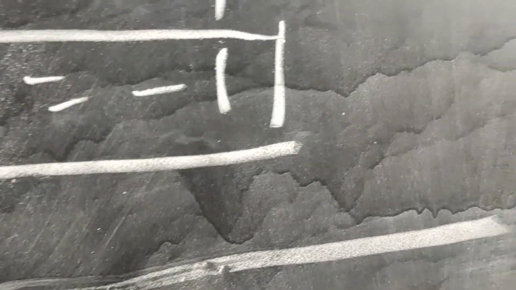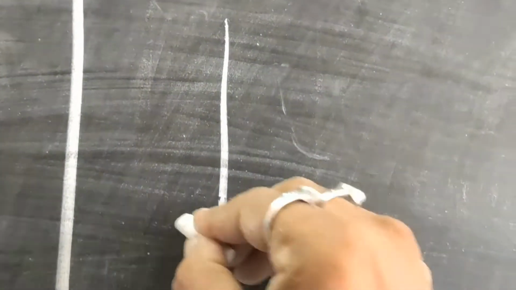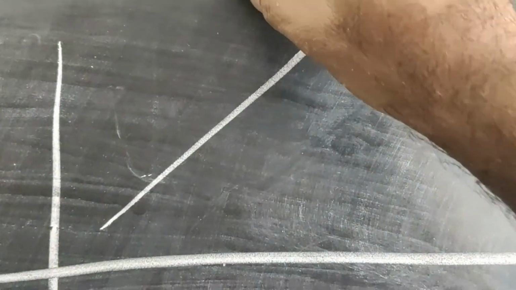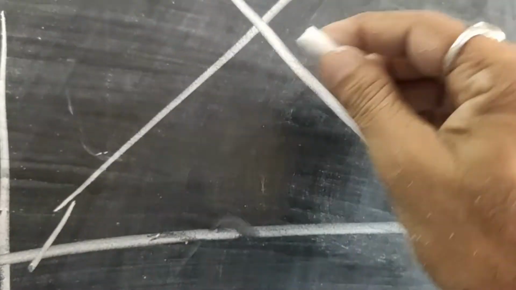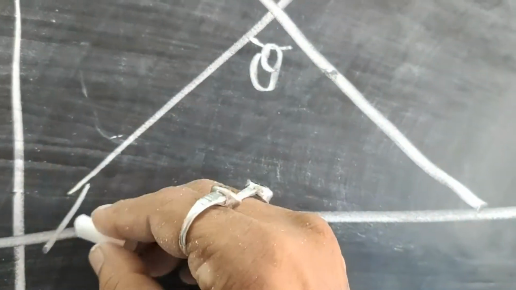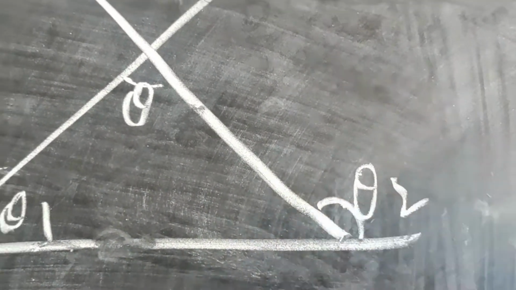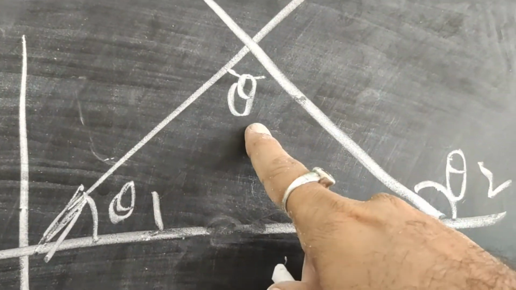Okay student, so now we can see here, if two lines intersect each other at angle theta, this is theta 1, this is theta 2. So what about this theta?